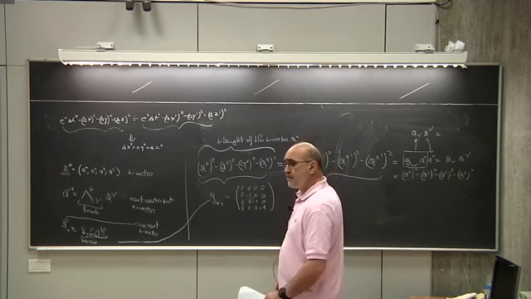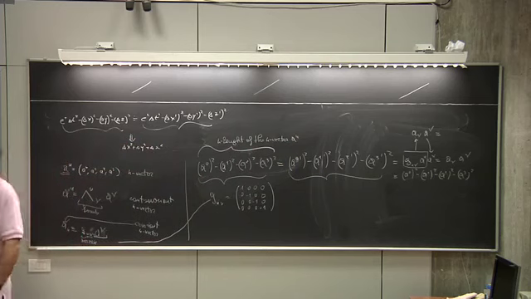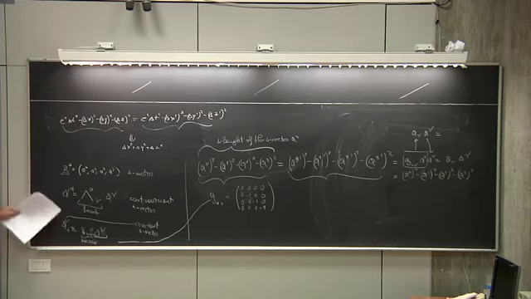Yes? Is it just a name when we say covariant vector? Yeah, it's just a name, like Ennio or John or whatever. No, there is no physical meaning at this level. It's just a definition.